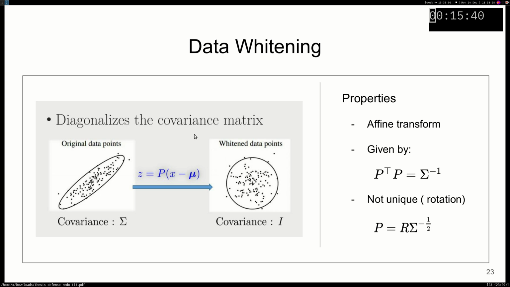In other words, it diagonalizes the covariance matrix. So this is an affine transform. The solution is given by P transpose P equal to sigma inverse, and it is not unique. Basically, what I mean is that given any rotation, the solution still holds.